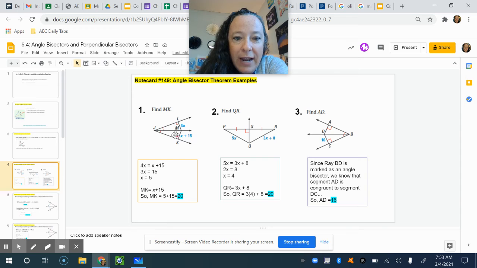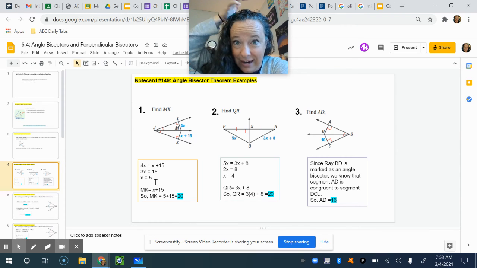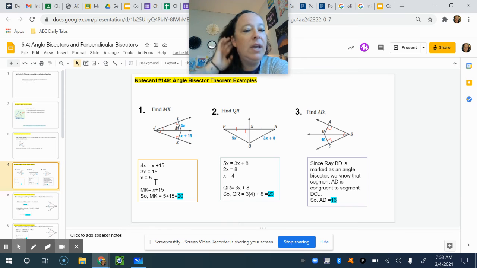Because they show those right angle boxes, that means it's equidistant. And they want us to find the measure of MK. So MK is the segment right here. What you have to know is you just set 4x equal to x plus 15. You solve and get x equals 5, which is what a lot of students would say the answer is, okay? And it's not. Because you've got to plug 5 back into the expression for MK. So 5 plus 15 is 20. So MK is actually 20.